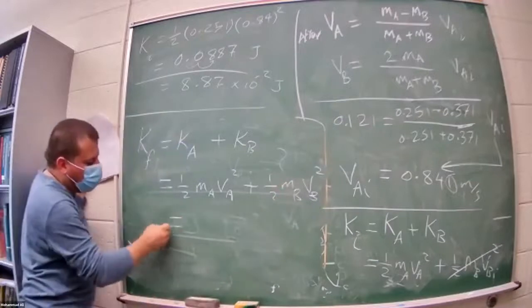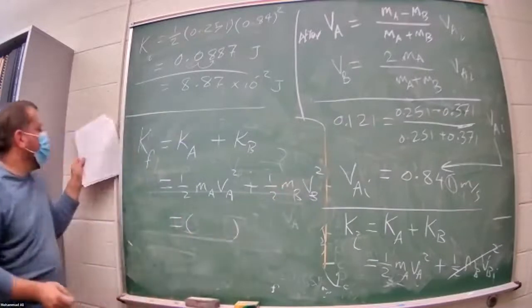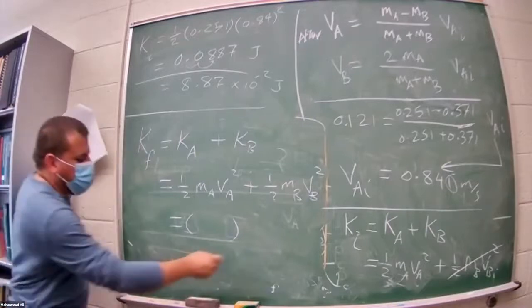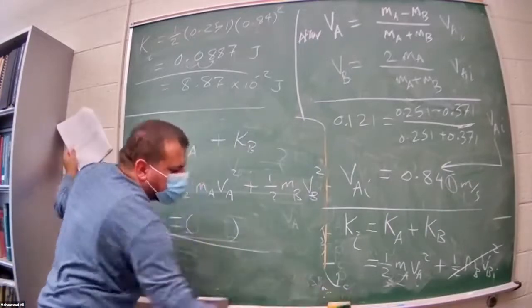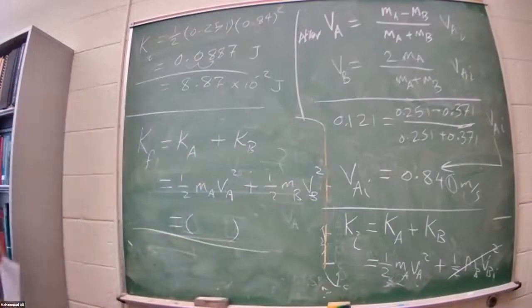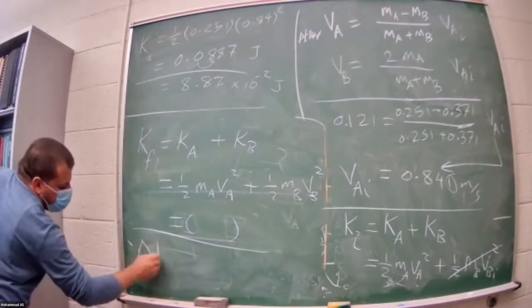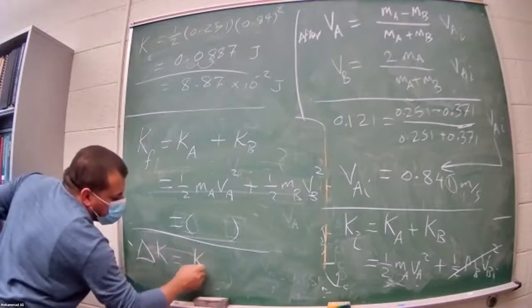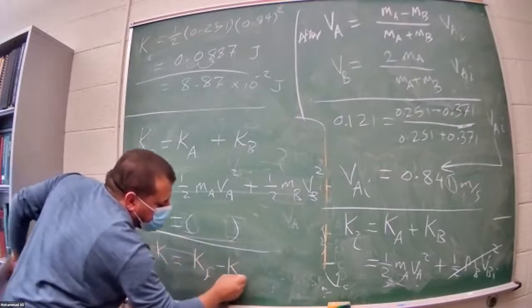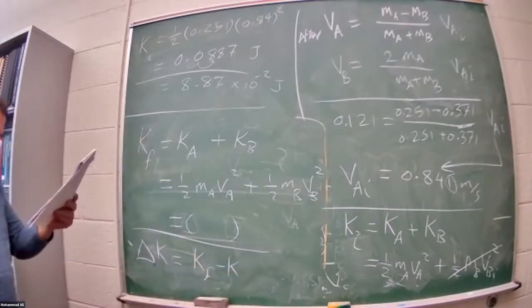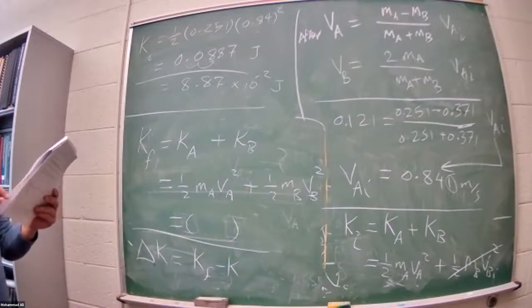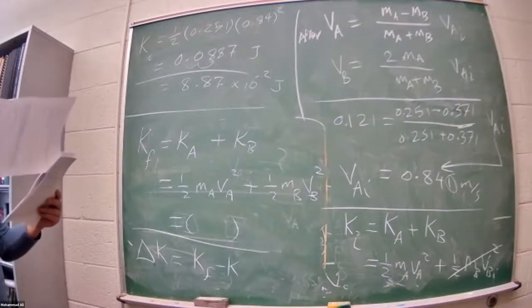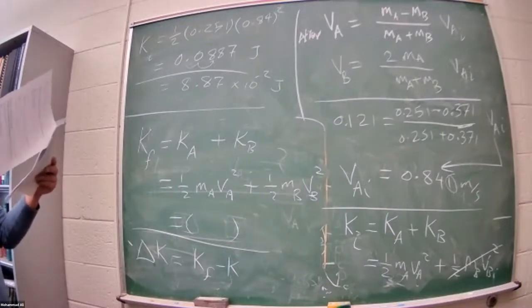You will have another number. Now, it is not a fully elastic collision. The change in kinetic energy will be kinetic energy finally minus kinetic energy initially, for the system.